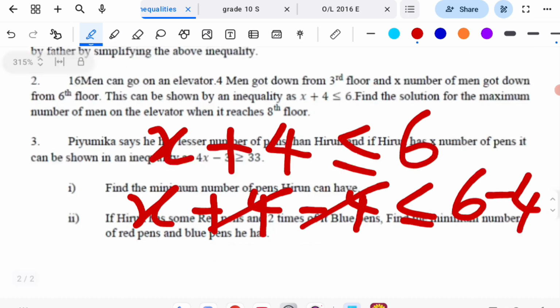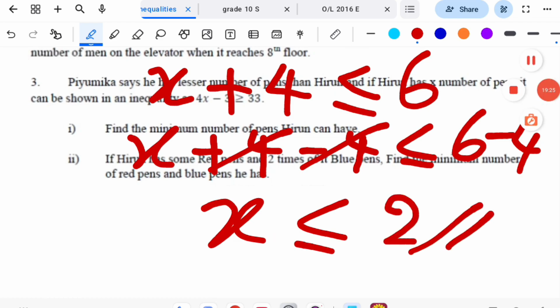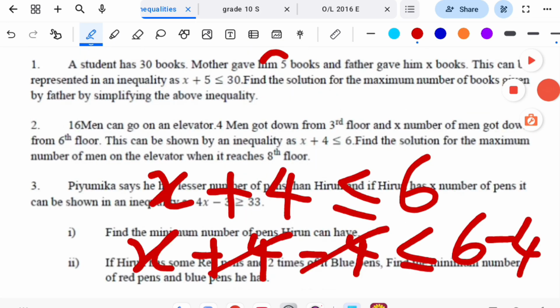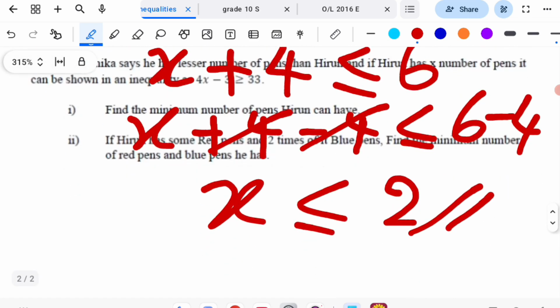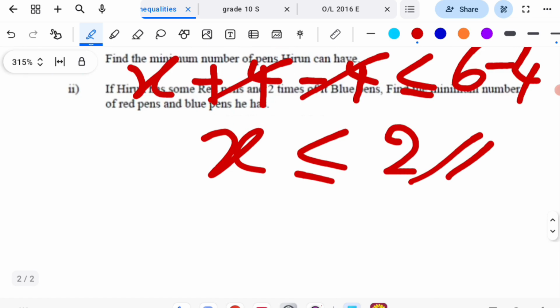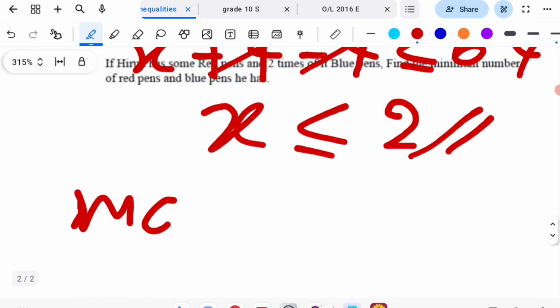Then solution for the x value, x less than or equal to 6 minus 4, 2. In this problem, there is an error in the question, but I will find the maximum value of x. Then we have to find the maximum value. Maximum value of x should be 2.